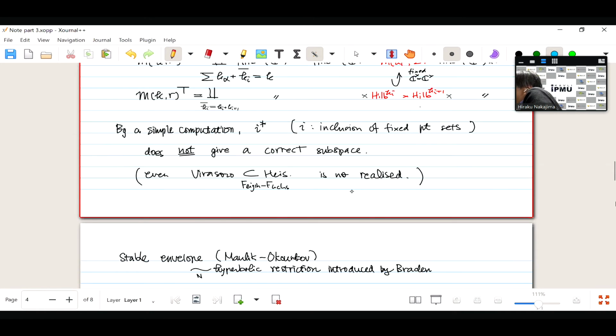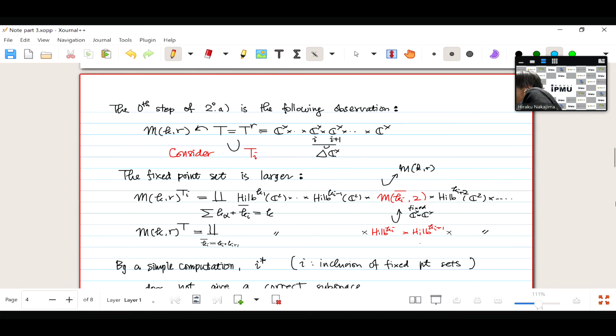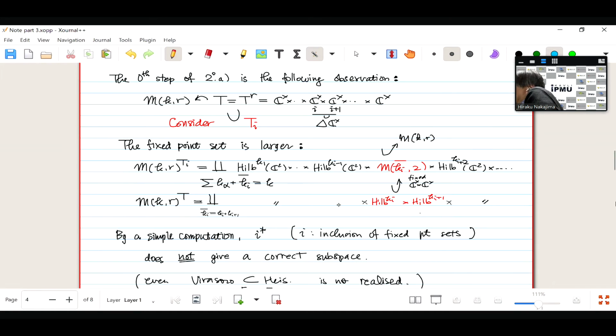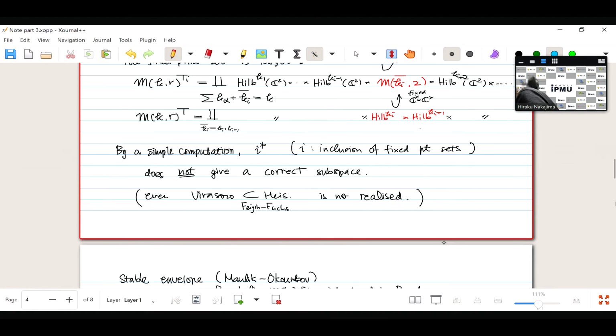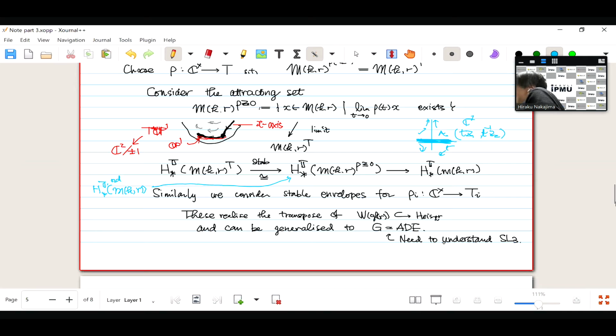Again, as in the 0th step which I explained here, you can also take a one-parameter subgroup in this smaller torus to realize the relation like in the case of the Virasoro algebra.